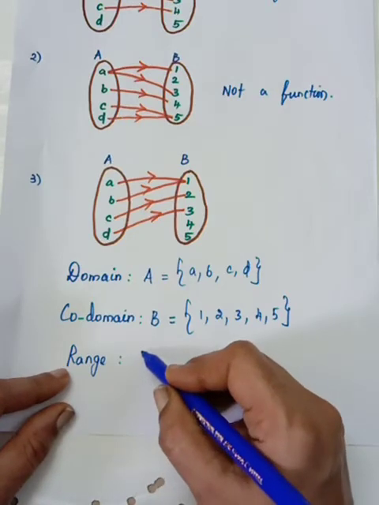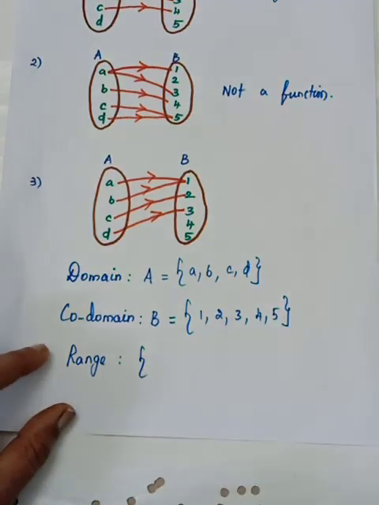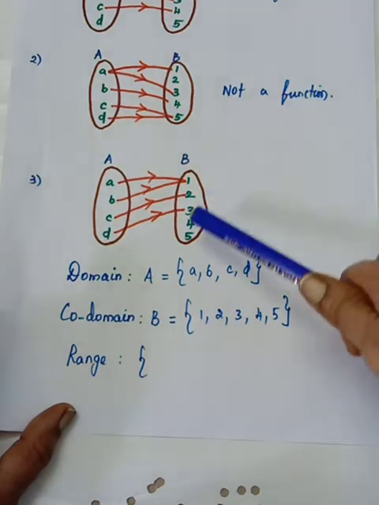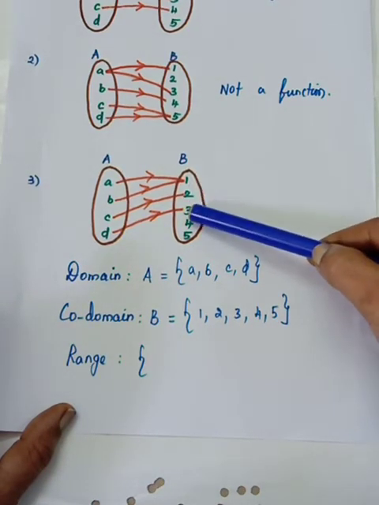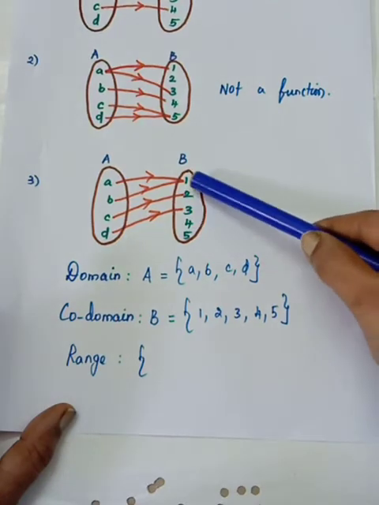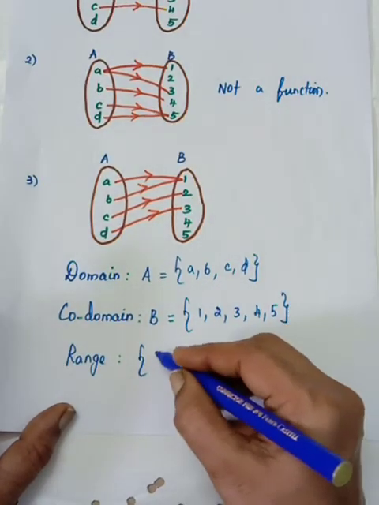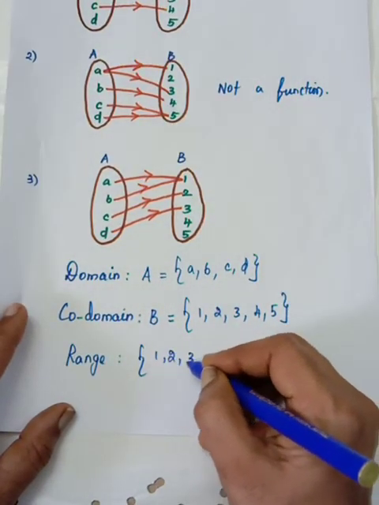Range is also a set, so I'll open the set bracket. What elements will we have in that range? It is the set of all images in the codomain. So 1, 2, 3 are the images in the codomain.